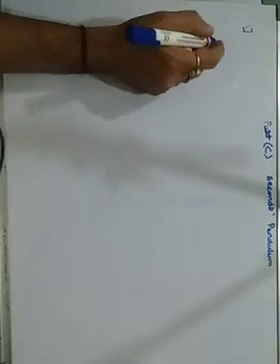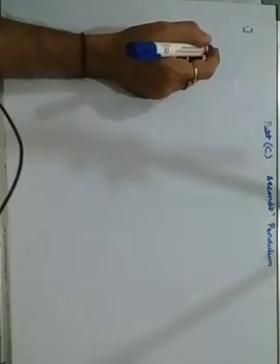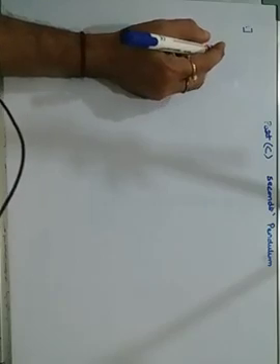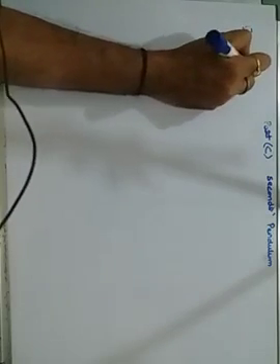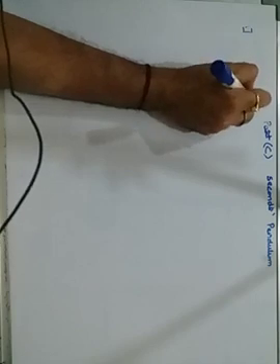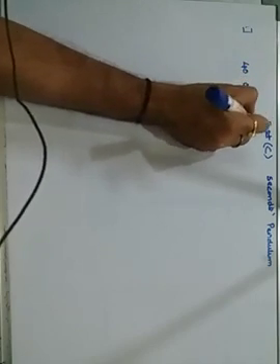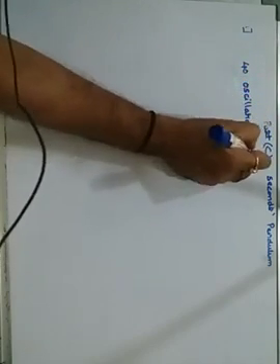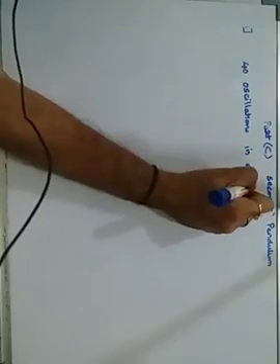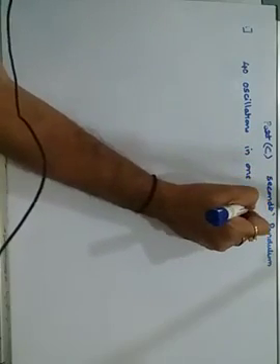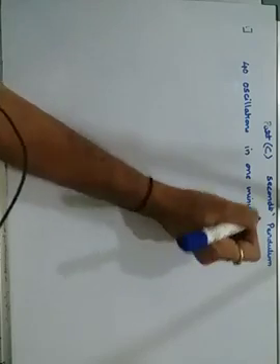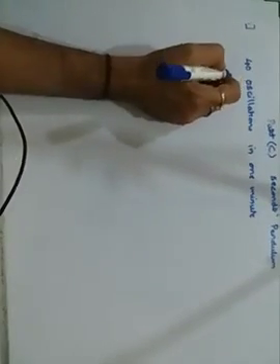The first question is about a simple pendulum that completes 40 oscillations in 1 minute. But 1 minute is 60 seconds. What we require is the frequency.